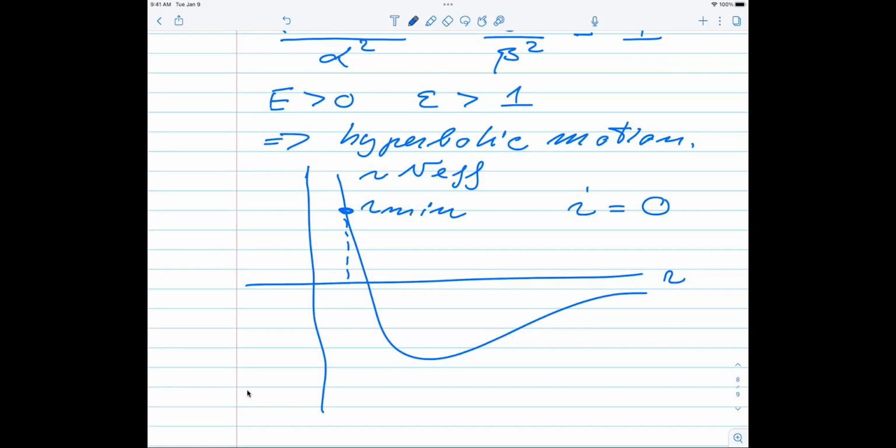So that means that here we have only now a term which is given by, so the energy in this position here, so this is at R min. The energy is now given by L squared divided by 2 times mu of R squared min minus, and then we have the gravitational potential divided with R min.